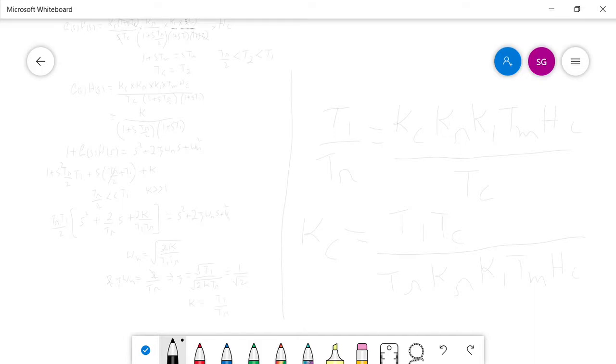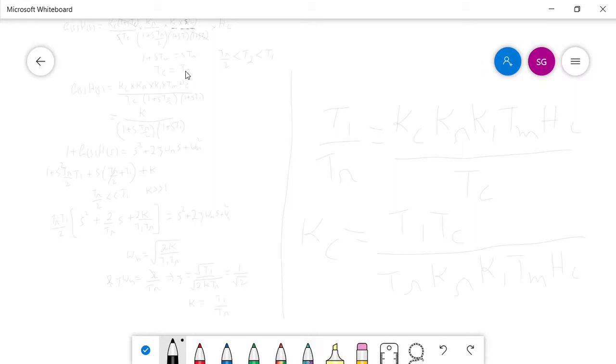So we have calculated our Kc and Tc. These two things we needed to calculate for our inner current controller design.